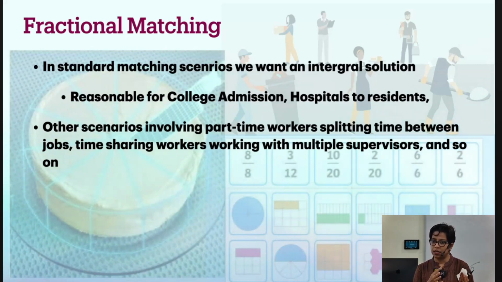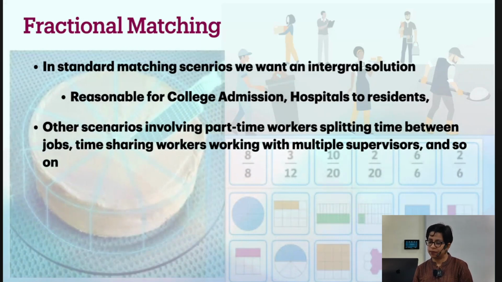They're doing, say, 2-hour shift jobs, 2 hours here, 2 hours there. You have a constraint that you don't want their work hours to be more than 8 hours, but at the same time you want to assign them jobs that they can do. The rationale behind matching under preferences still holds here, but the 8-hour work day is split into smaller pieces, and each piece is assigned to a particular job.